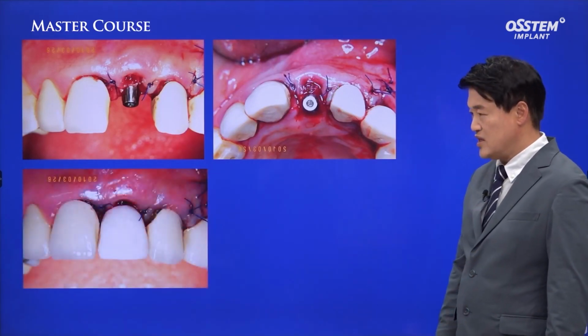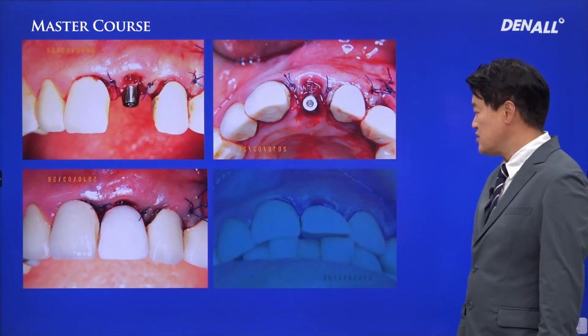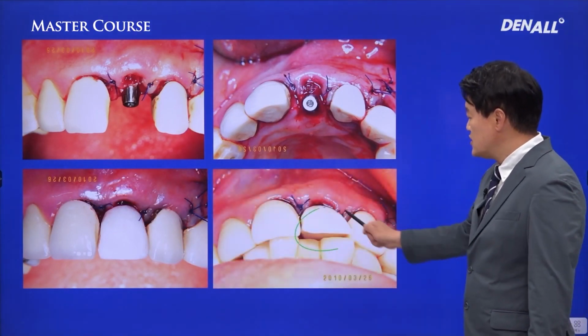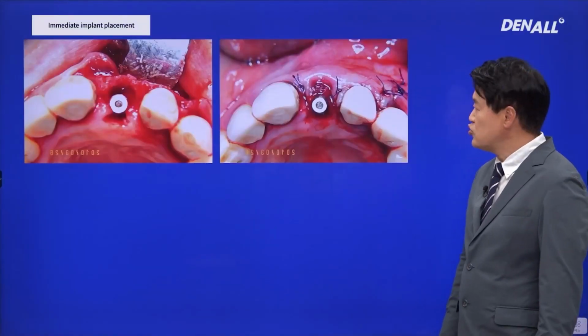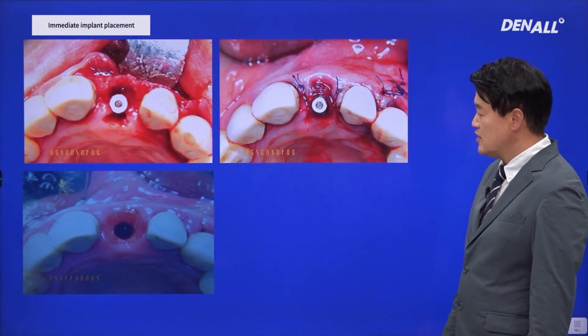Provisional was provided. As shown, when you make a provisional in CO site, the freedom should be at least 0.5 to 2 millimeters so that the implant does not fail due to unwanted lateral force. This is after surgery.